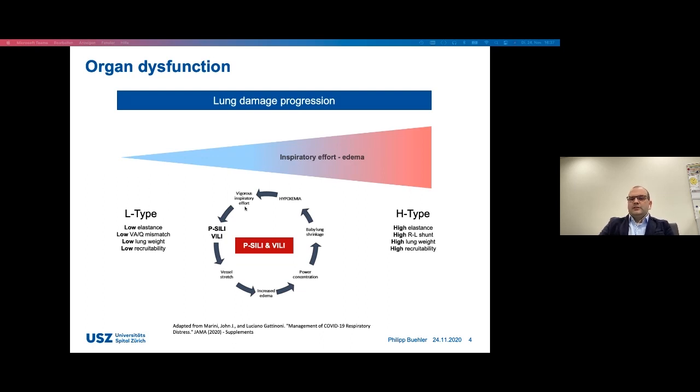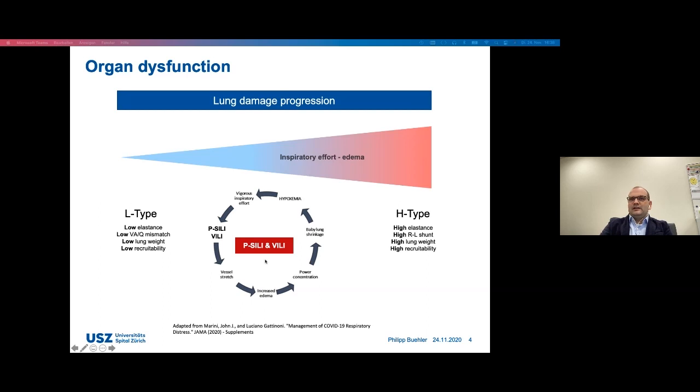The increased negative intrathoracic pressure and the high tidal volumes lead to edema due to inflammation and increased endothelial and alveolar permeability. This leads to dependent atelectasis and increased work of breathing. This causes increased volutrauma, barotrauma, atelectrauma, and biotrauma, and aggravates the initial insult. This is known as P-SILI, you see it here in the middle of this circle, and ventilator-induced lung injury.